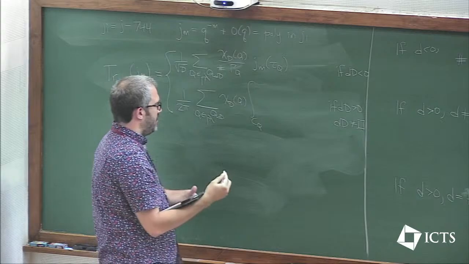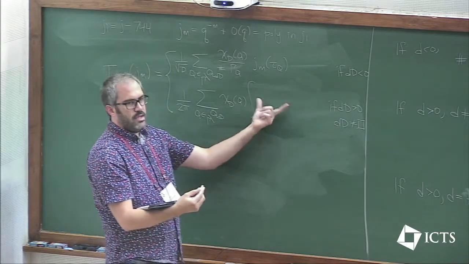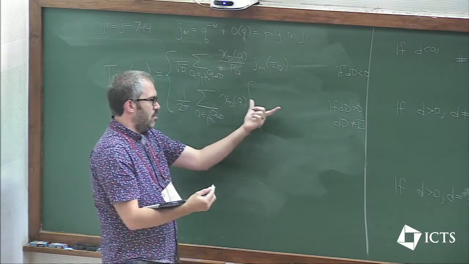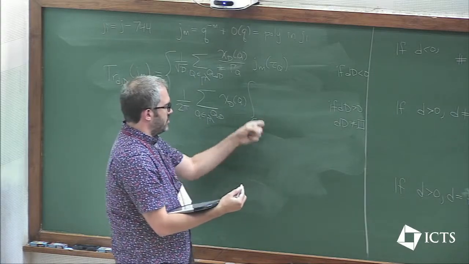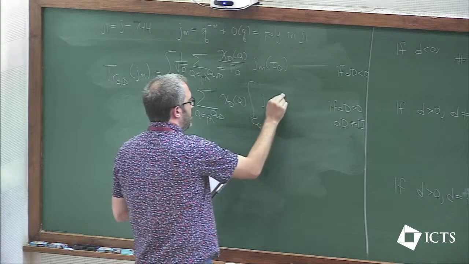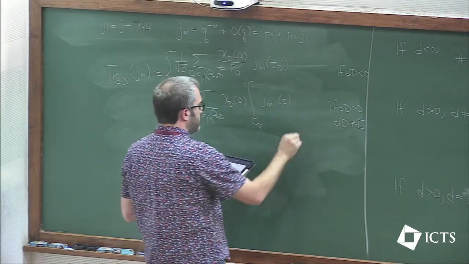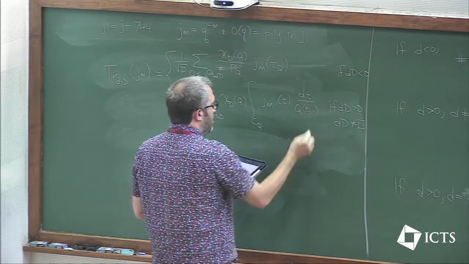And remember, this is a finite length integral in the upper half plane. So anything I plug in here, as long as it's a holomorphic modular form, could be weakly holomorphic even, is going to converge because these are finite integrals. So I'm going to plug in Jm of tau, and then d tau over Q of tau, 1.